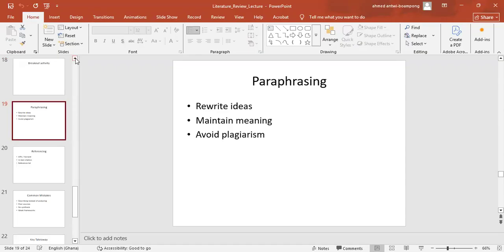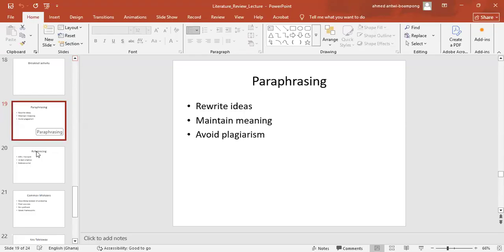We have looked at theoretical frameworks, we have looked at theory, and we have looked at how to do the synthesis in the literature review process. Now, we come to a very important part here, which is paraphrasing.